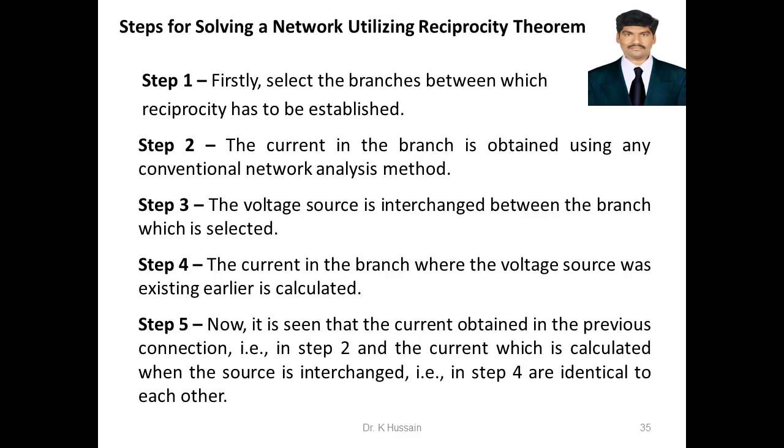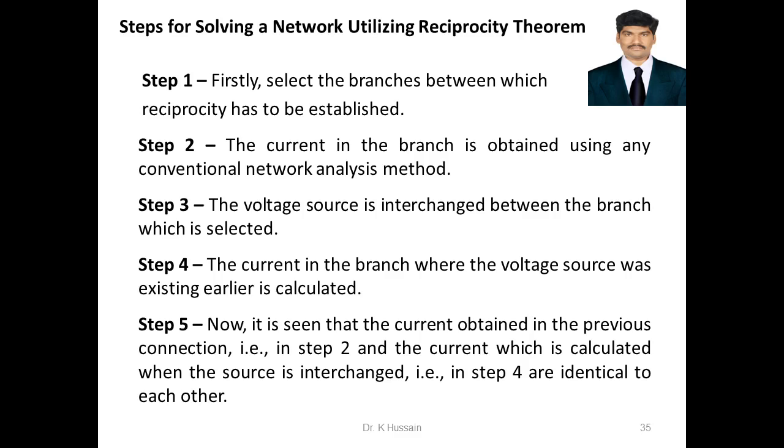That is the meaning here. You can see that the current obtained in the previous connection, step 2, and the current calculated when the source is interchanged, step 4, are identical. In this way you use the reciprocity theorem for electrical circuits.